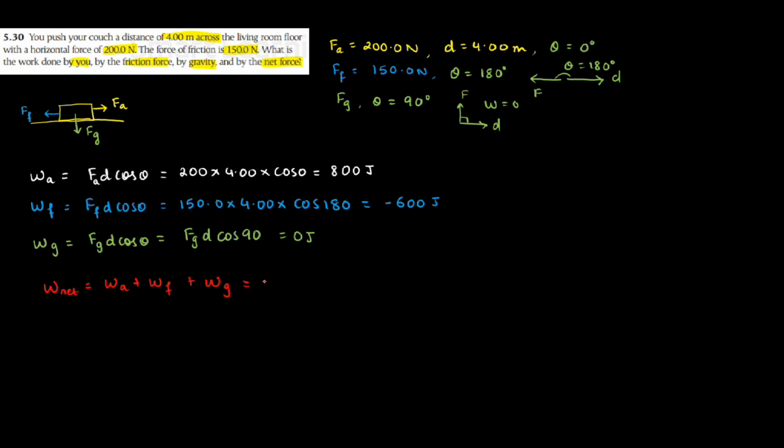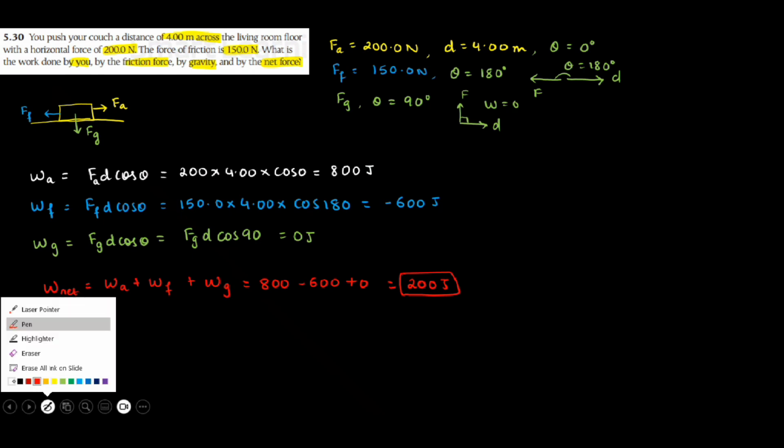So we add 800 minus 600 plus 0. That will give me 200 Joule. This is how you calculate the net work if you already know the work done by each of the forces.